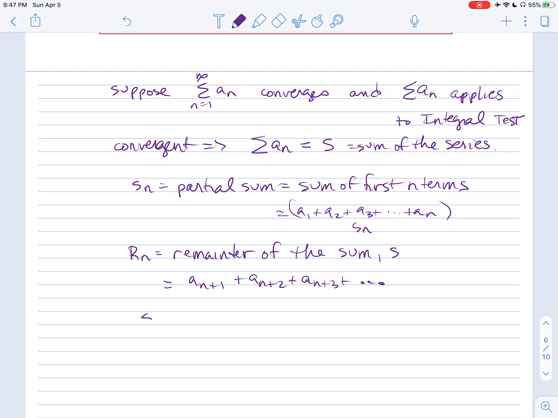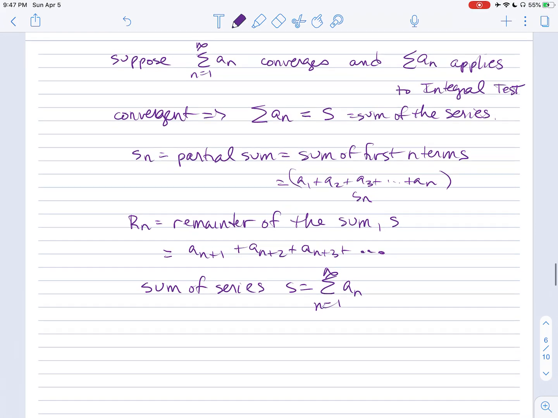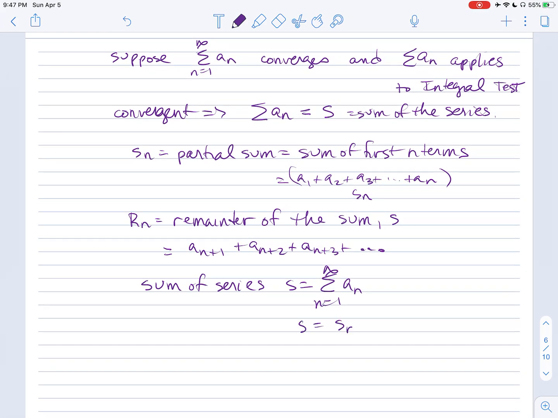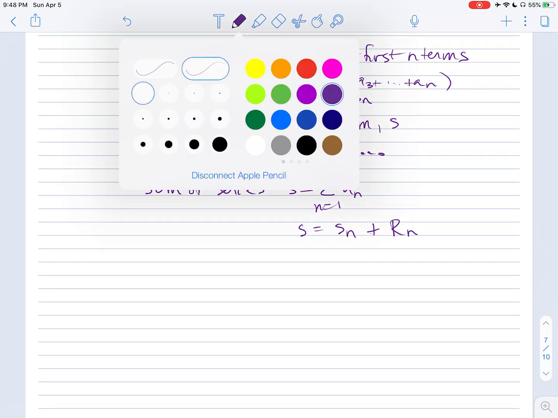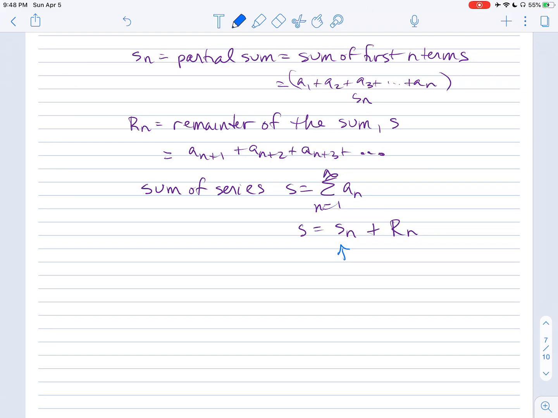So we have here that S, the sum of the series, is equal to the partial sum plus R sub n. So S sub n is your estimate for S, right, for the total sum. And R sub n is going to be known as your error.